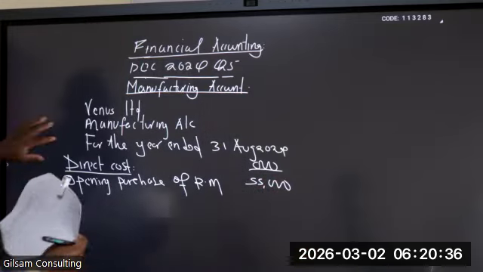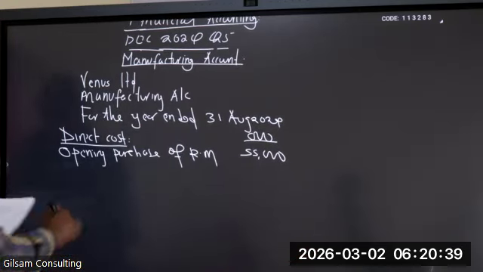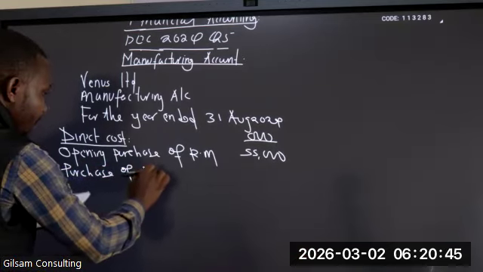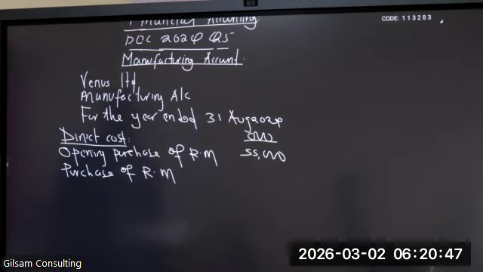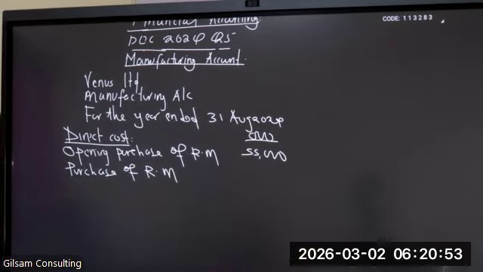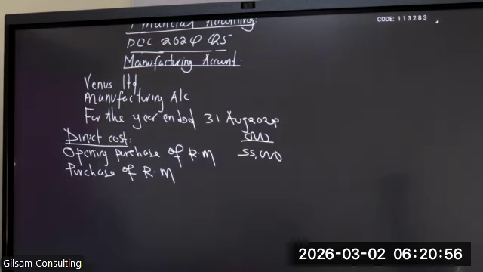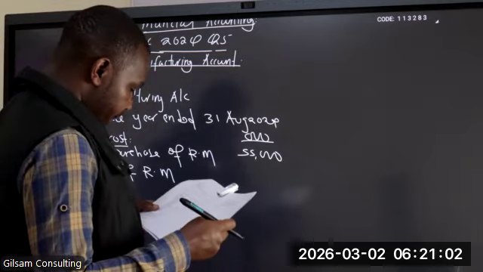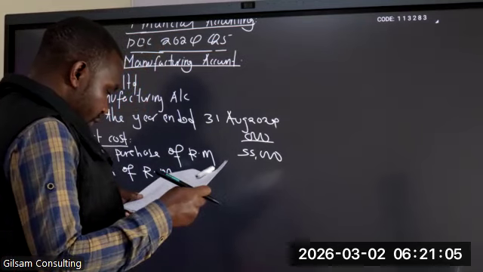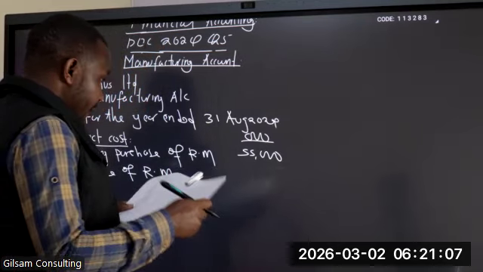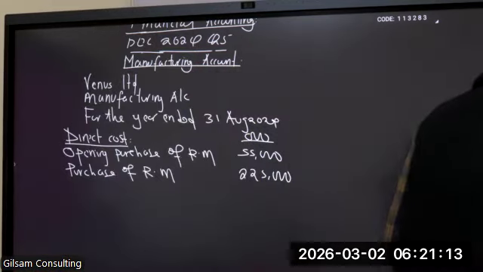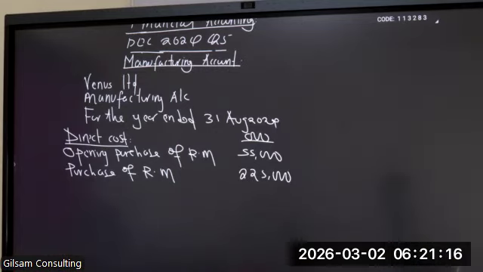We add purchases of raw material, which is 225,000. And we have the closing stocks of raw material.